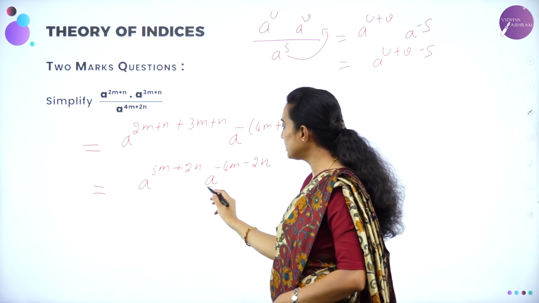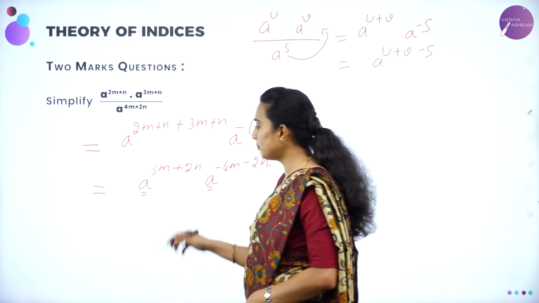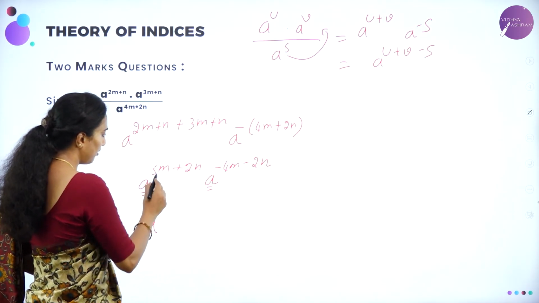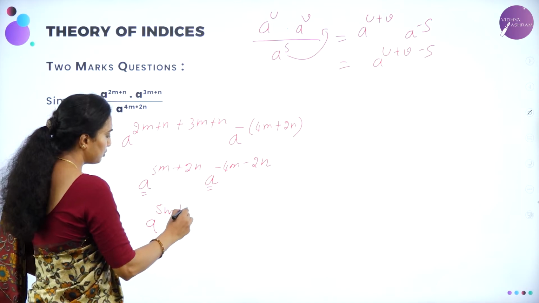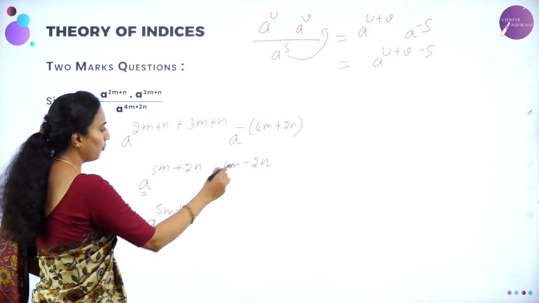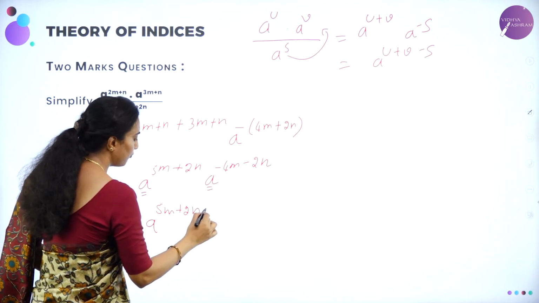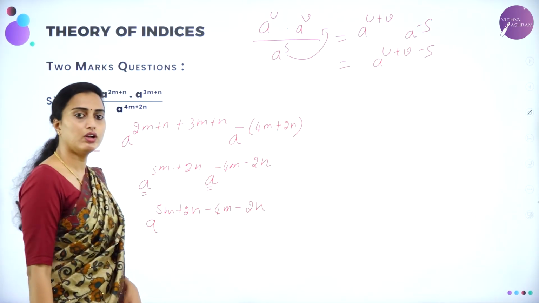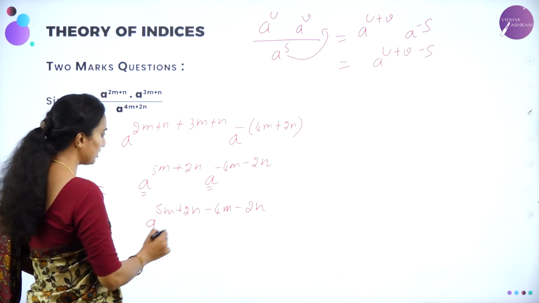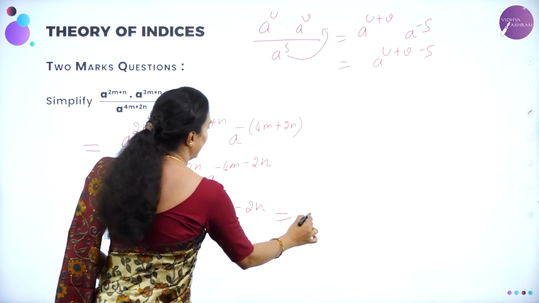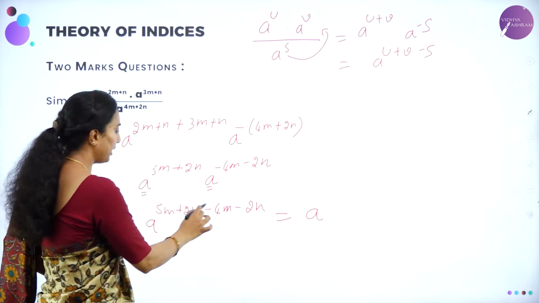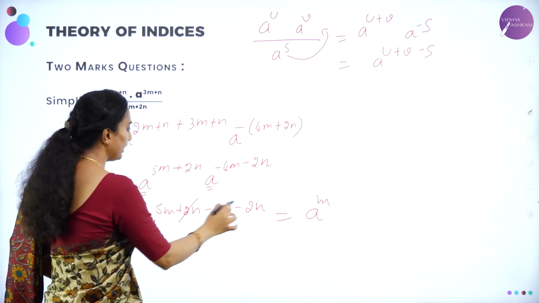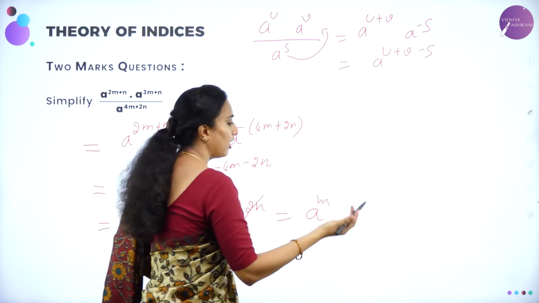Now again, bases are same, I can add the powers. Adding 5m plus 2n and minus 4m minus 2n, 5m minus 4m is m, 2n will get cancelled, and a to the power of m is your answer.